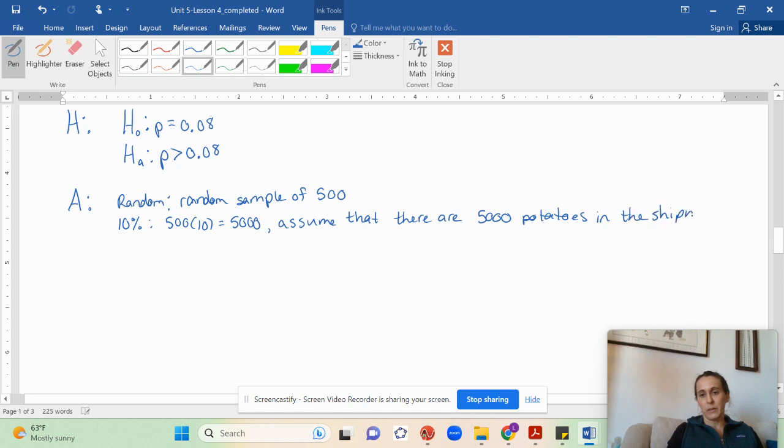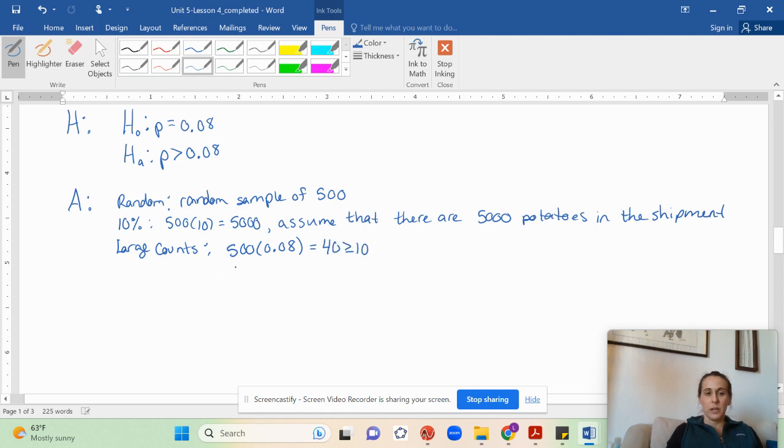Now we have the last condition, large counts. For large counts, we want to take n times p naught. So 500 times 0.08 is 40. That's greater than or equal to 10.